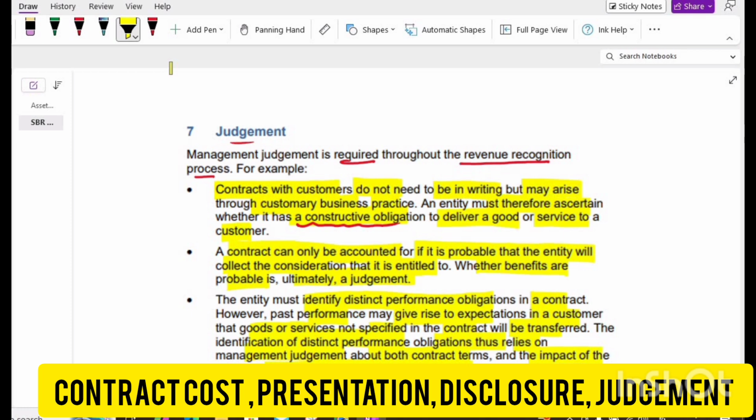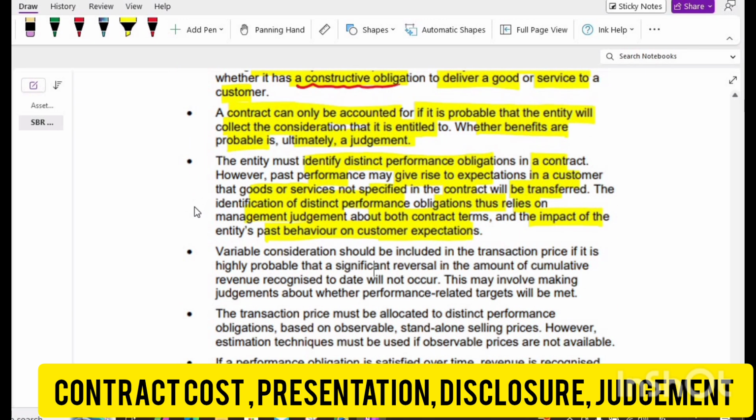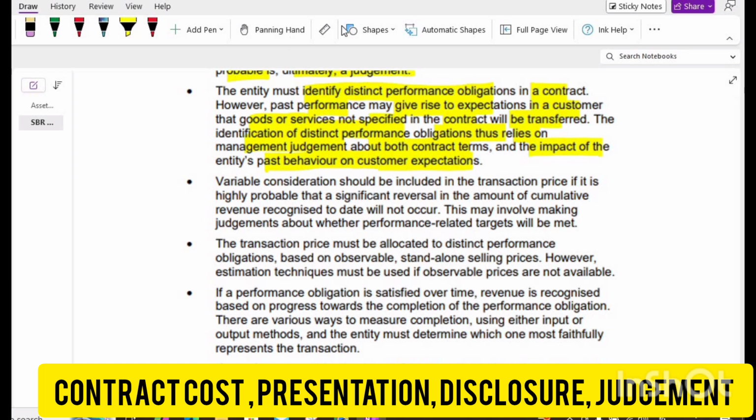This actually means that the company must figure out the distinct goods or services it is providing to the customer. The judgment here is that sometimes, based on past experience, a customer may expect more than what is written in the contract. So management must decide if these expectations create an obligation. Clear?